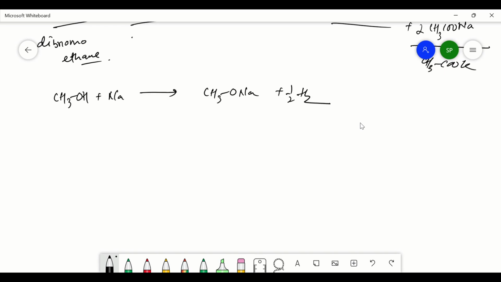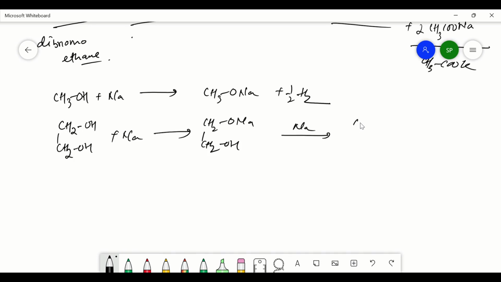Similar to that for diol, like glycol, CH2OH single bond CH2OH. We consider one sodium, so this sodium will first substitute one of the OH groups, and this will further react with sodium to produce CH2ONa single bond CH2ONa.